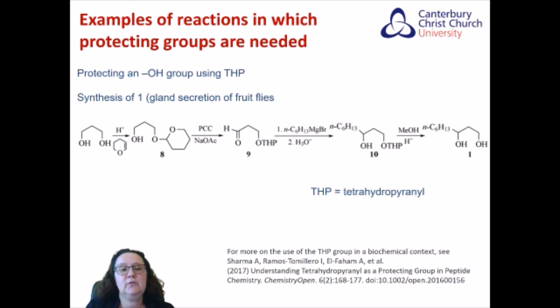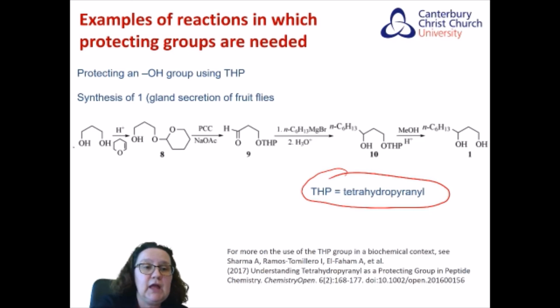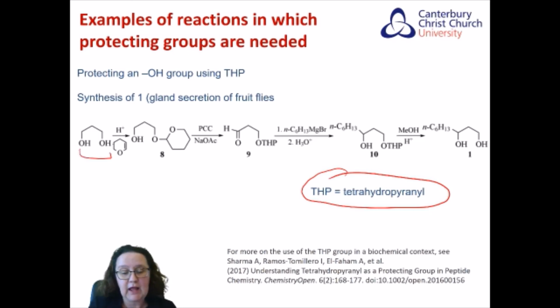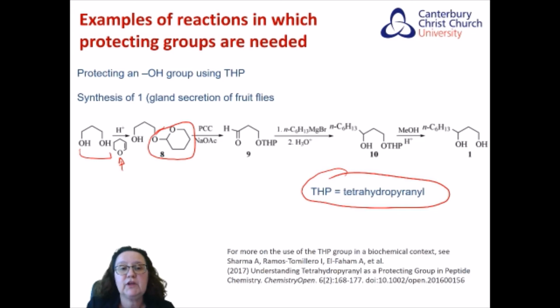This is another example of a reaction that involves the protection of a hydroxyl group. And in this case, the protective group is this tetrahydropyranyl group. So in the first instance, you have a diol, a 1,3-propane diol, and you make it react with dihydropyran, which is this compound here. And this hydroxyl group now becomes protected.